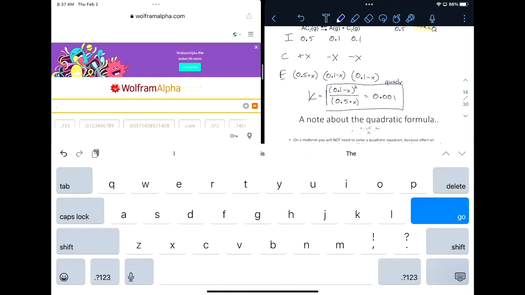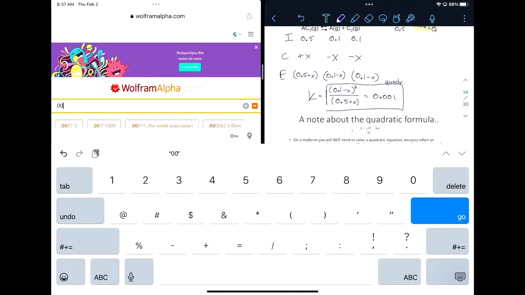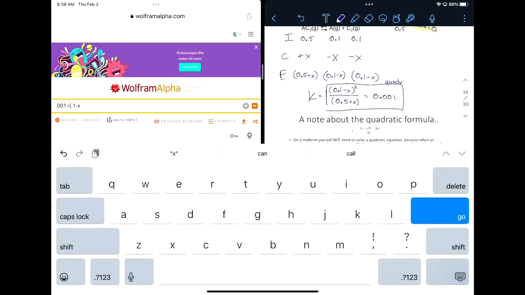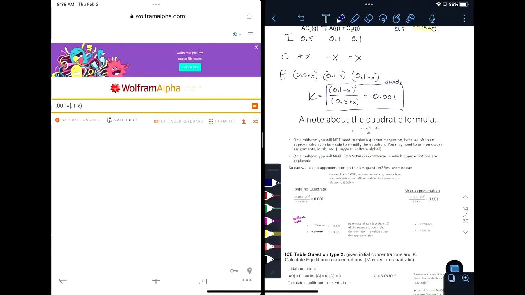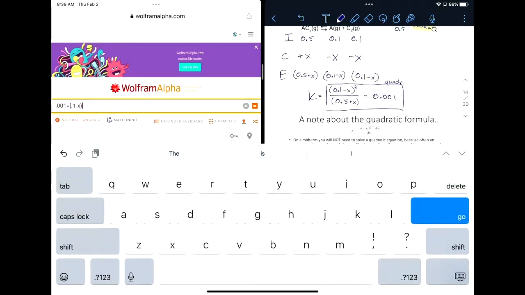So 0.001 equals, so just be really careful with your parentheses. So parenthesis, 0.1 minus X. Oh, that's wrong. That's the wrong bracket. Dang it, no. Wolfram Alpha. Remember, computers are only as smart as the people putting in numbers. Okay, 0.1 minus X, parenthesis.